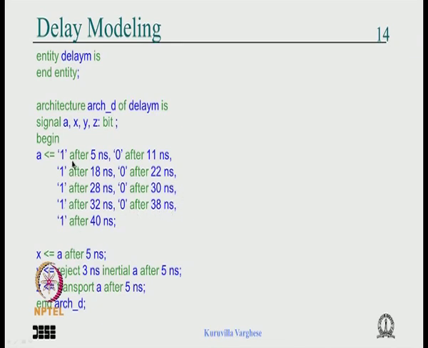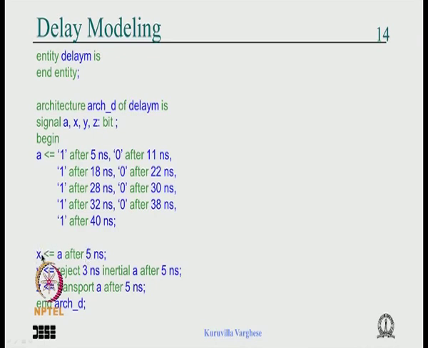So to start with, you get 5 nanosecond 1 pulse, 6 nanosecond 0 pulse, 7 nanosecond 1 pulse and so on. And when it comes here, you see here the 28 to 30 is a small 2 nanosecond pulse, then 30 to 32 is also only a 2 nanosecond pulse and so on.